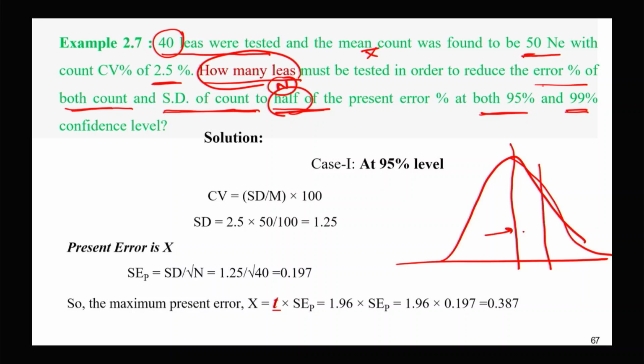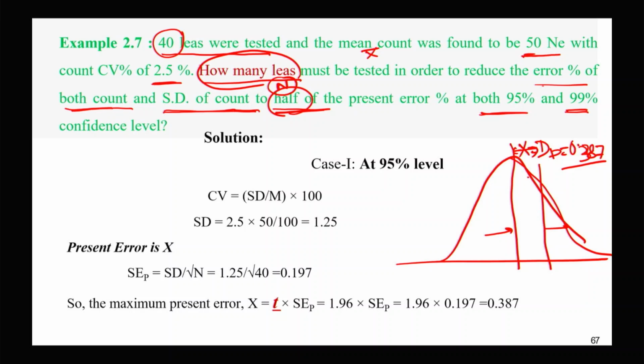This is the error we have got, error present dp, 0.387, present error or x.